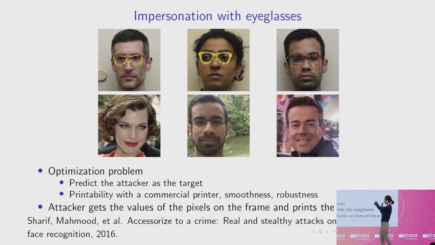They translate the whole problem into an optimization problem with certain goals. Of course, they need to cause the network to classify the attacker as the victim, and they also want to achieve printability with a commercial printer, so the color range should be within the range for a printer.